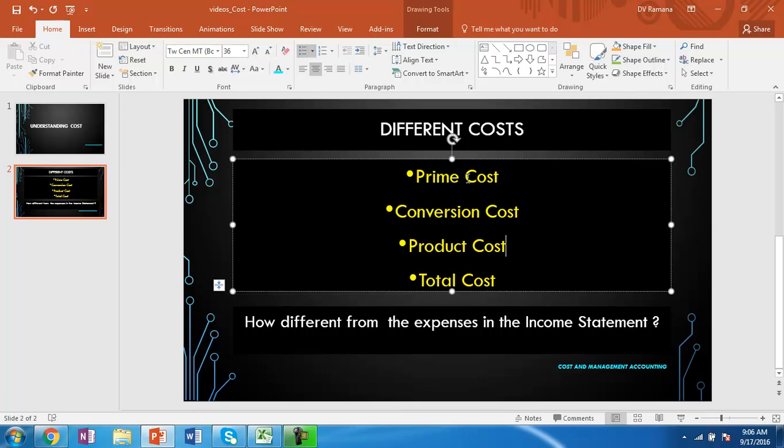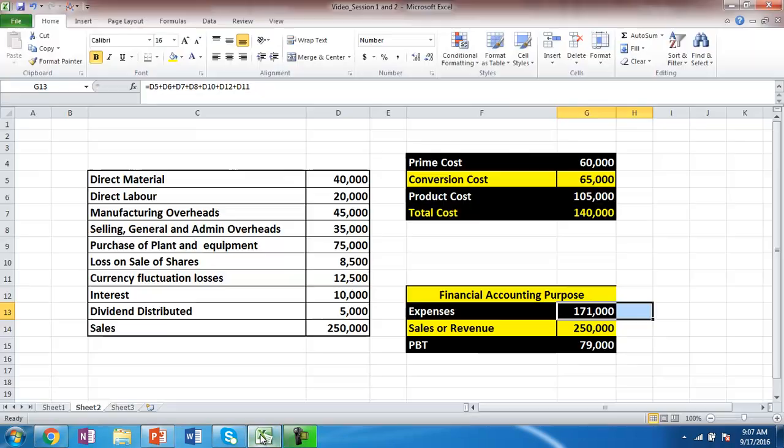For fixing price, for inventory valuation, for making decisions like make or buy, we will have different compositions of cost. Whereas in the income statement, we put all expenses because the purpose is to find profit for a particular period. So financial accounting expense is not equal to the cost you generally see in the cost records. Thank you very much.